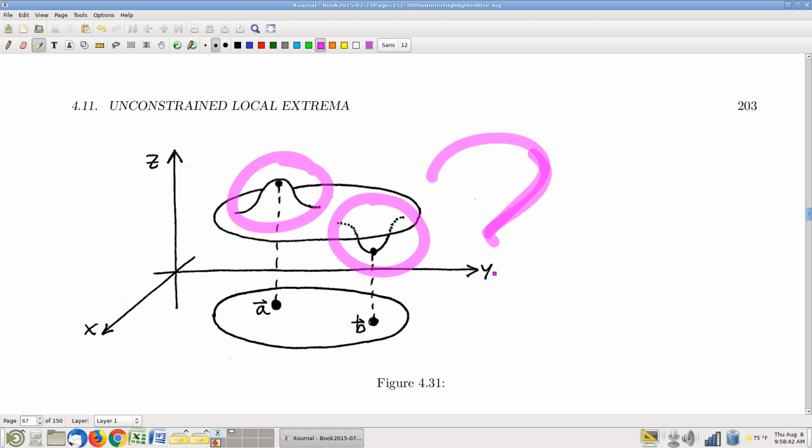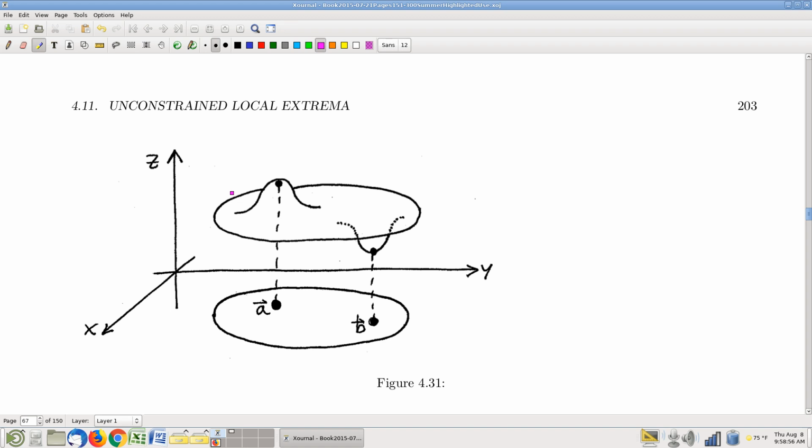Well, we have to recognize that there are more possibilities. And they're in single variable calculus. We have maxes, we have mins, and we have this third possibility, an inflection point. Well, are there inflection points in multiple variable functions? Yeah, and many other odd possibilities.